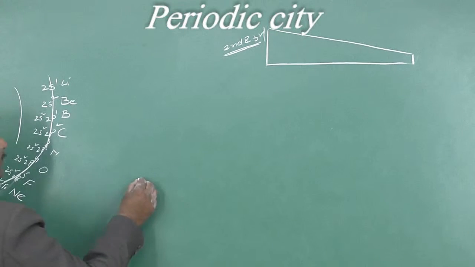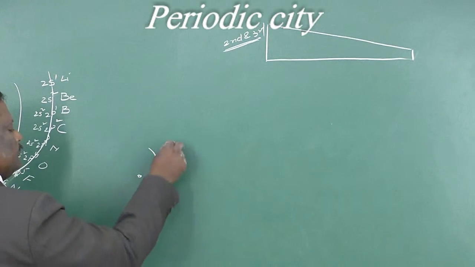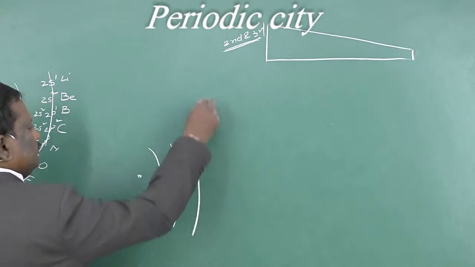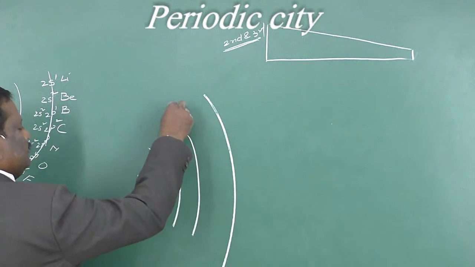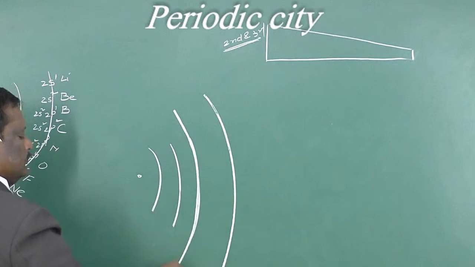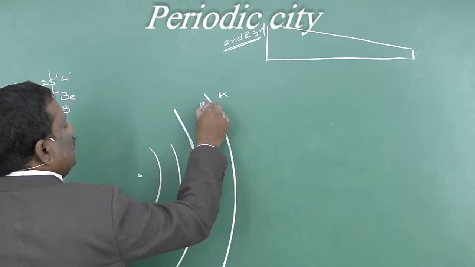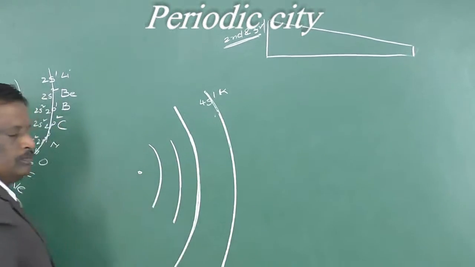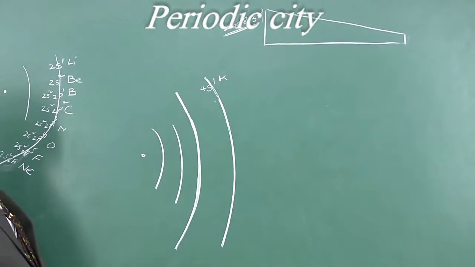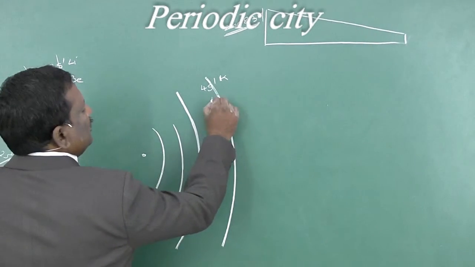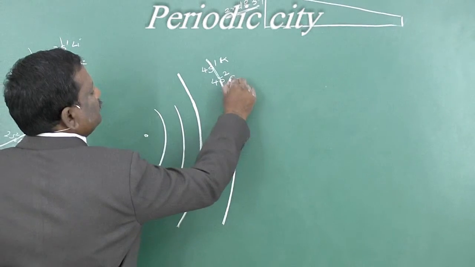In the fourth period, the first element is potassium and its electron is in 4s1. The next element is calcium, its electron is in 4s2.